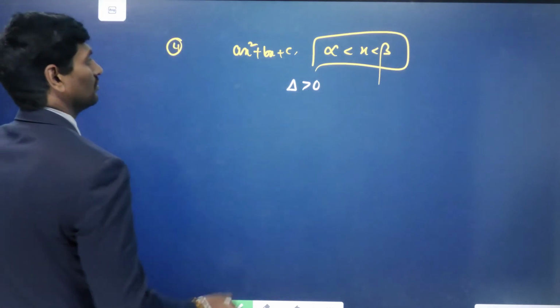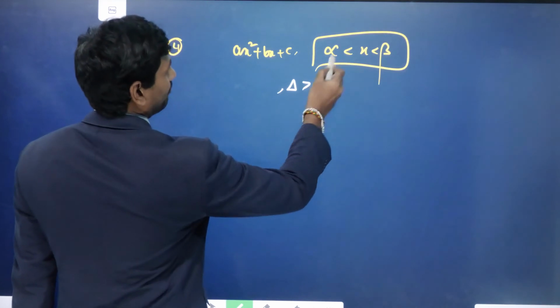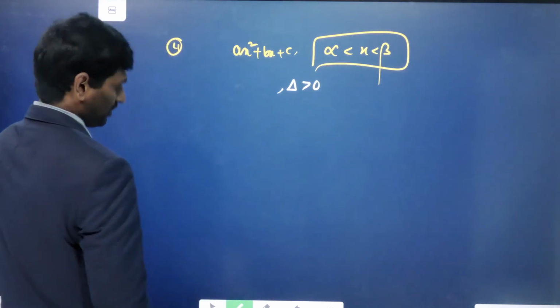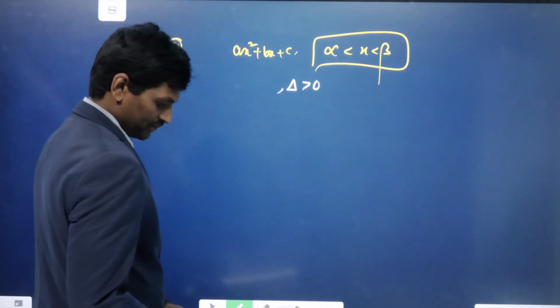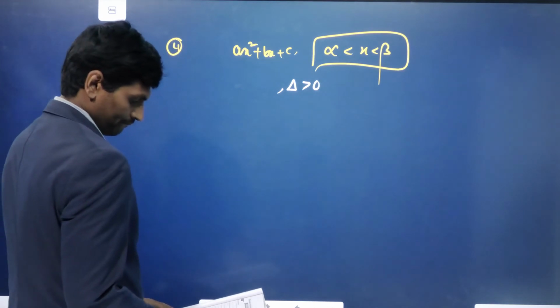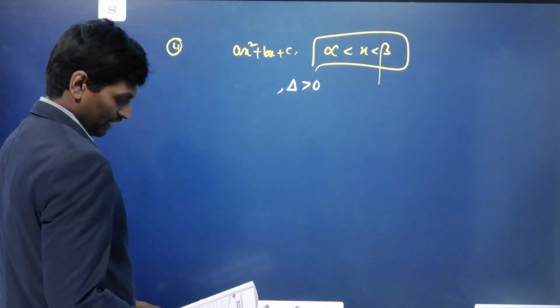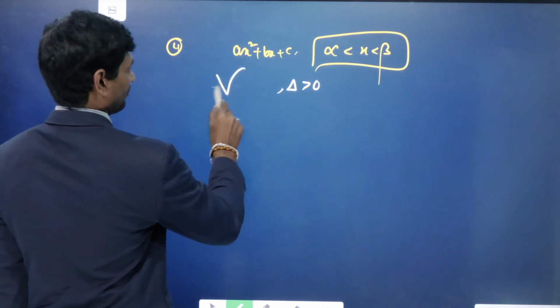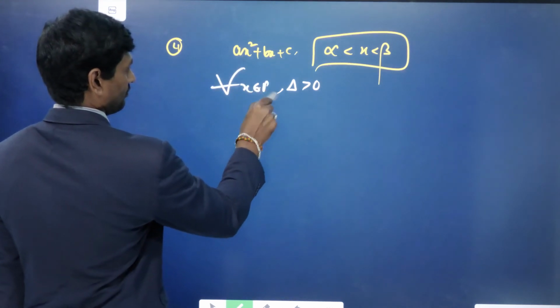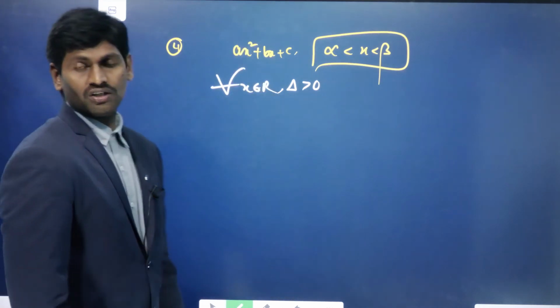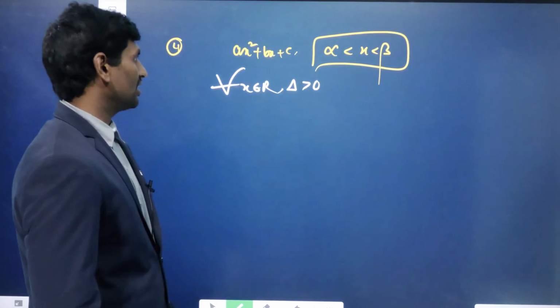Now it is between x and alpha, so we have to consider option 4, for all x belongs to R, delta greater than 0.